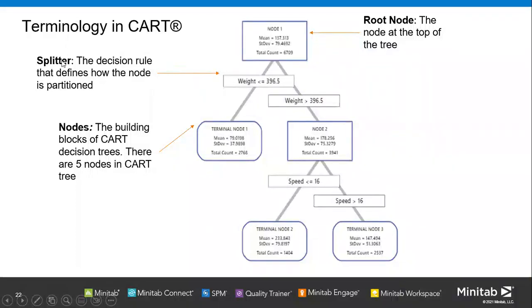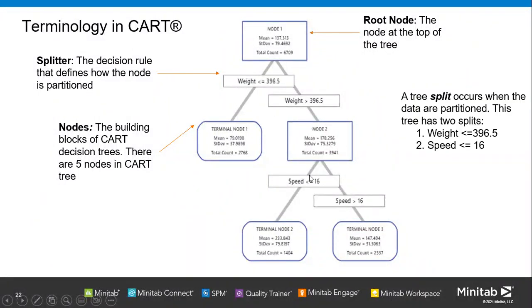Then we have the splitter. The splitter refers to our predictor, or our X, or our input. In this case, we have two splitters. When the weight is less than 396.5, it goes one way, and when the weight is more than 396.5, it splits into this section. After that, it splits again for speed less than 16.